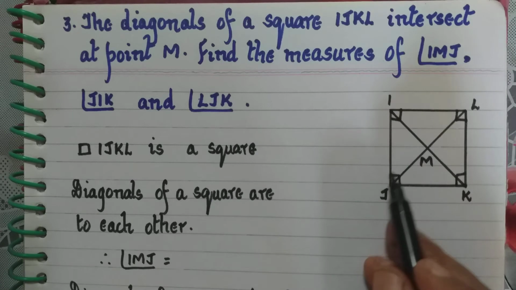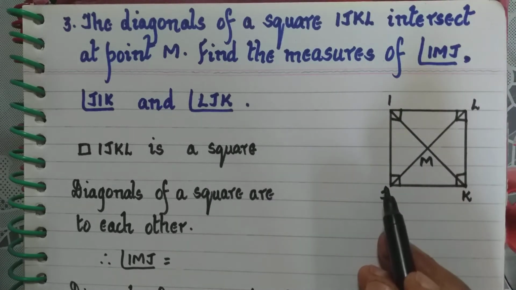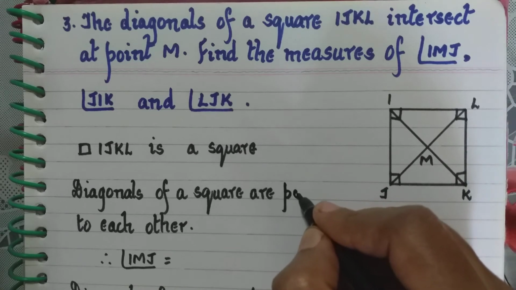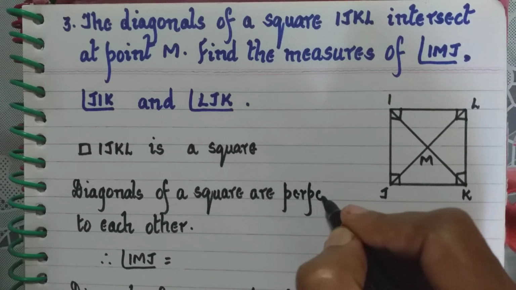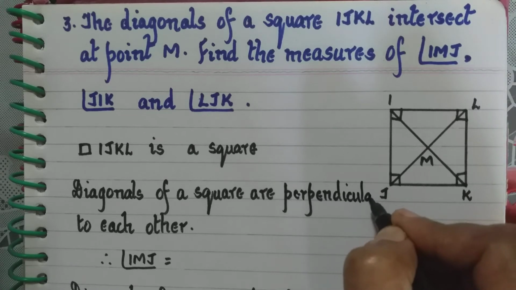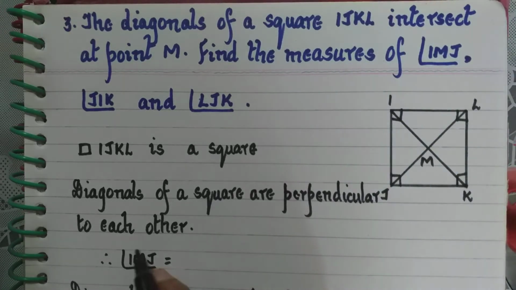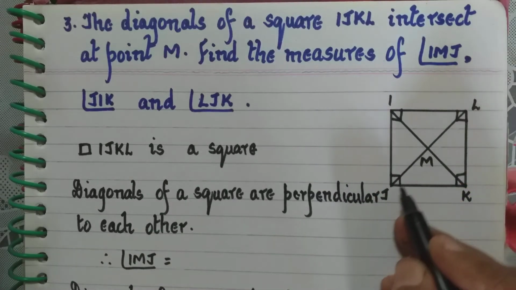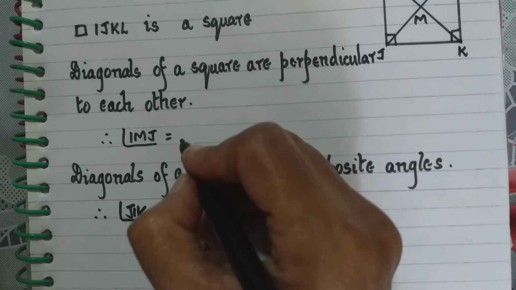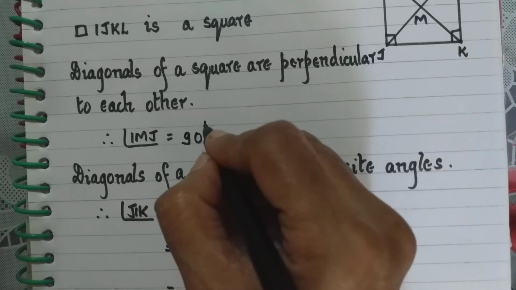So here is where the diagonals are cutting each other. So I can write, diagonals of a square are perpendicular to each other. Therefore, angle IMJ is equal to 90 degrees.